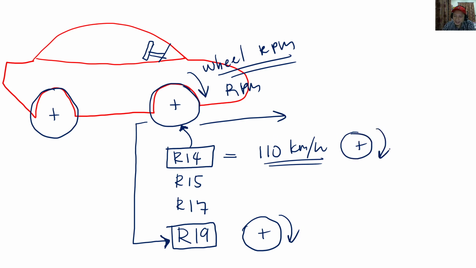Let's say the old one is like this. Since you have a bigger wheel, does it rotate faster or slower?